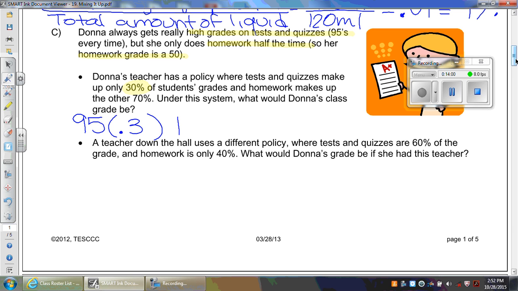So we're going to add her current grade for homework, which is a 50. And what is the percentage for homework? 70. As a decimal, what would that be? 0.7. Okay, so I want you guys to calculate that, please.